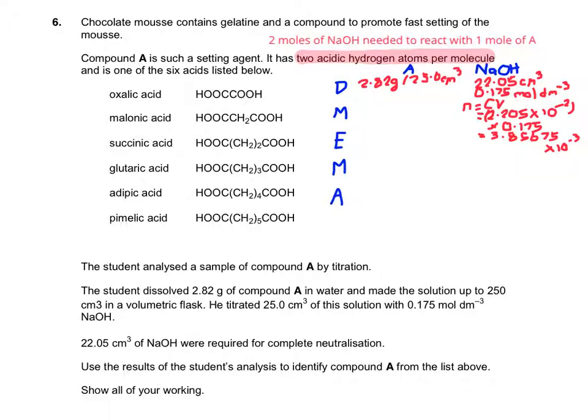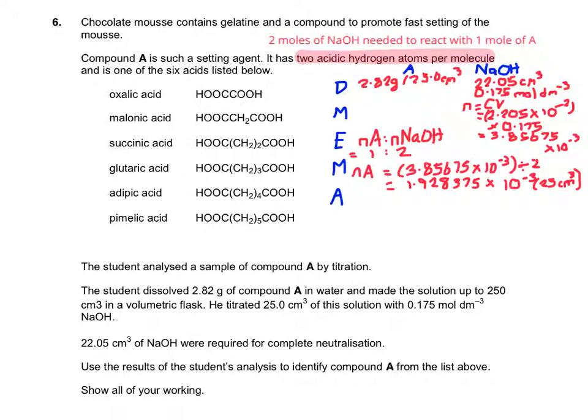Now if we just pay attention to what it tells us, that 2 acidic hydrogen atoms per molecule is the case for acid A. So therefore from that information, we can say that the mole ratio of A to NaOH is 1 to 2. So what we've got to do is divide 3.8565 times 10 to the minus 3 by 2.